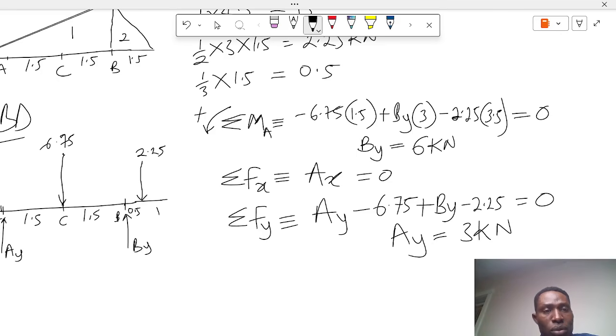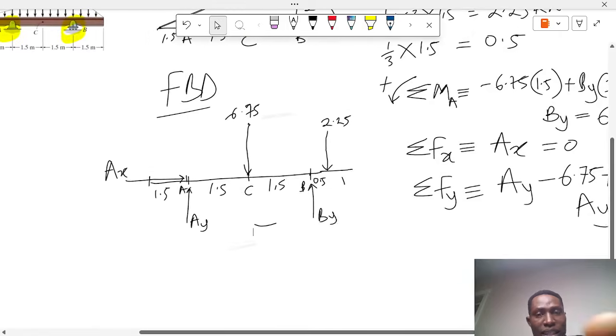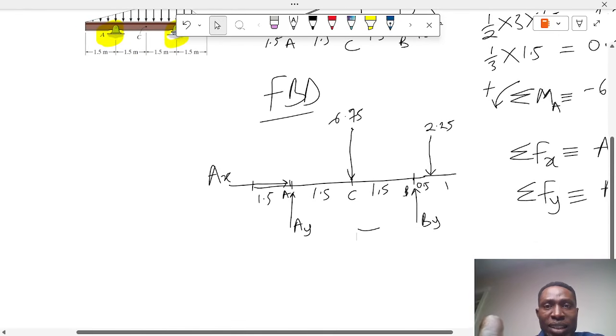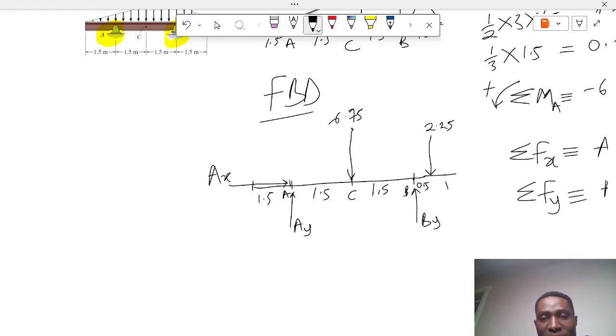Having solved for the reactions at the pin, the next thing we have to do is to repeat the free body diagram and then cut it at the internal point C, and solve for the 3 forces there.